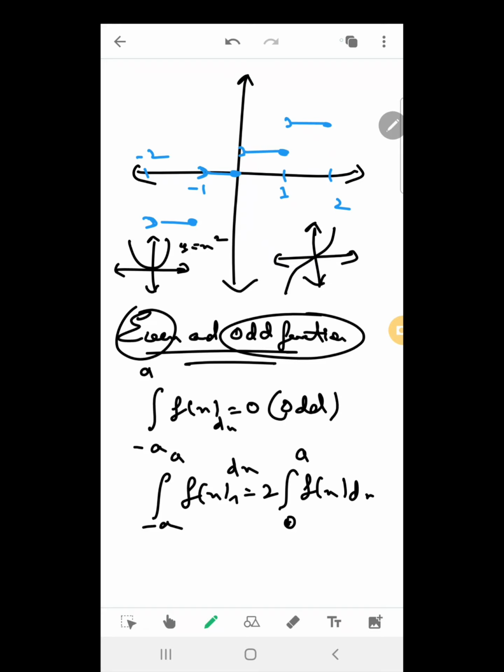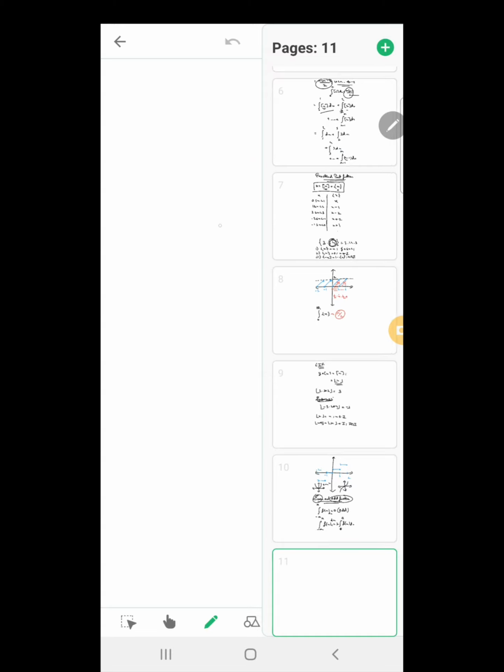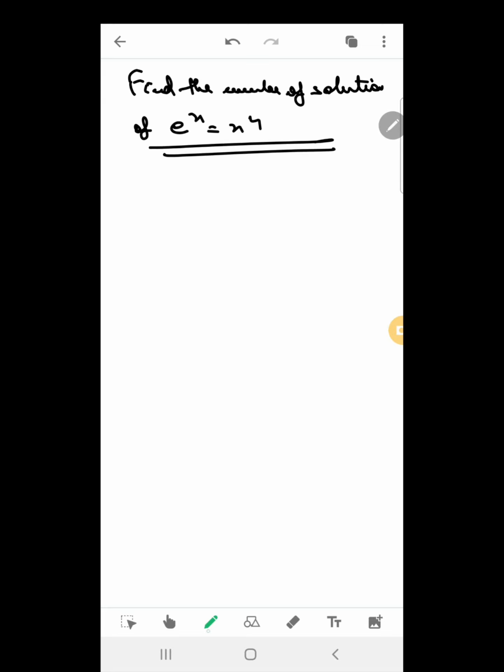So let's solve a problem now and understand how we can solve problems using graphs. Let's check the number of solutions game. Number of solutions problems are quite easy to do. Say we are asked to find the number of solutions of e to the power x equals x to the power 4. If you try putting in values of x, you won't be able to do so.